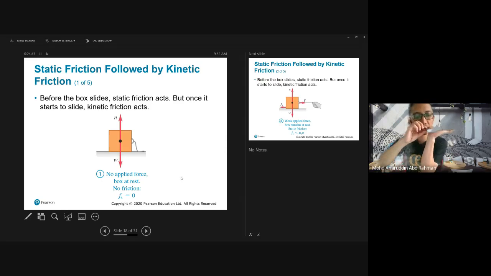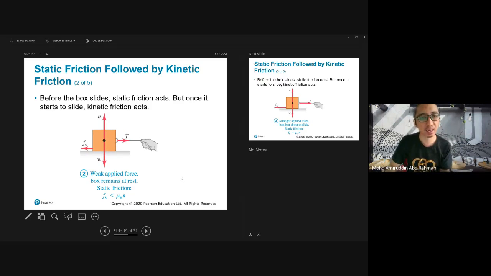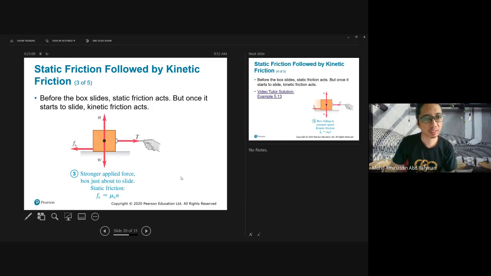But when I put my hand here and try to pull it, we have Fs as a value, but it's less than mu s n. Next, when I apply a bigger force, now Fs equals mu s n.